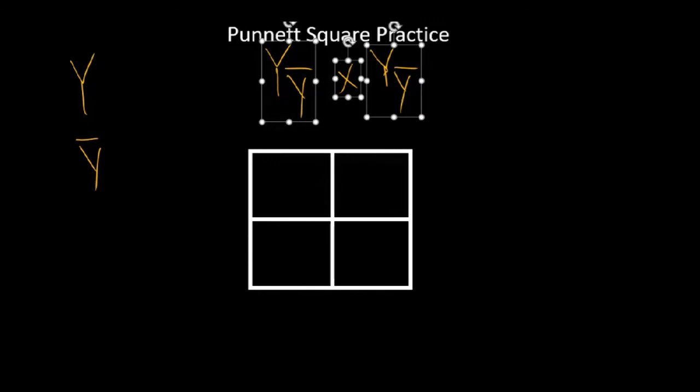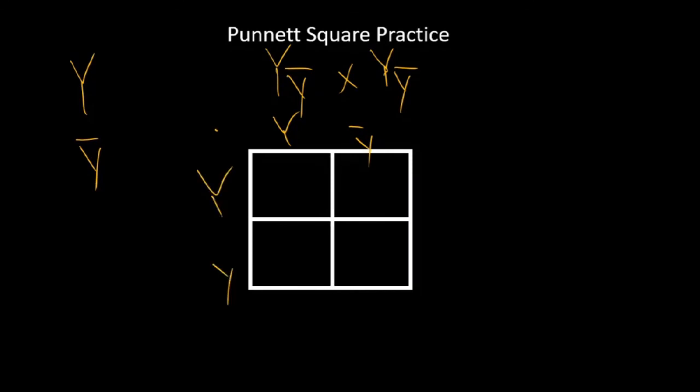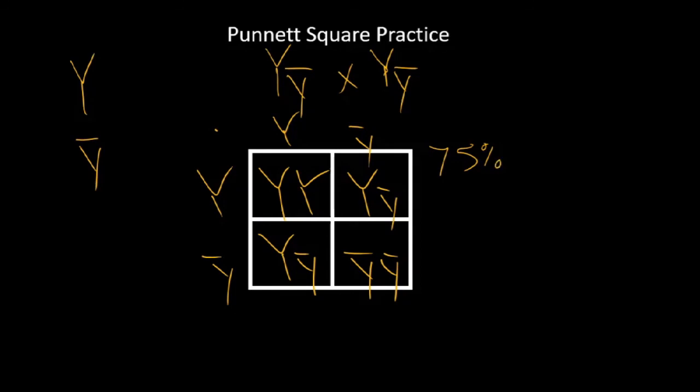All right, so we will take each genotype, write it into our square, fill in the possibilities, and what we find is that we have 3 out of the 4 that have a capital Y, meaning 75% probability of it being yellow and a 25% probability of it being green.